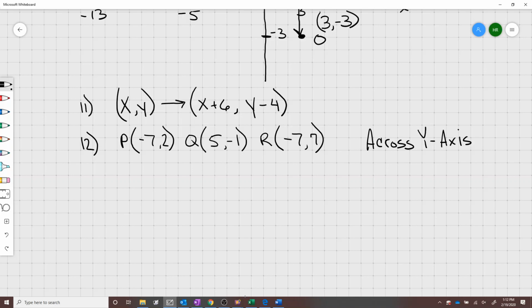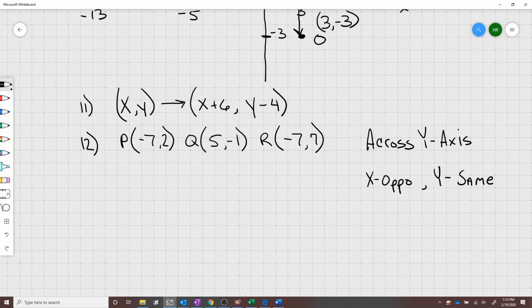When you went across the x-axis, your x's stayed the same and you changed your y's. So when you're going across the y-axis, your x's become opposite, and your y's stay the same.